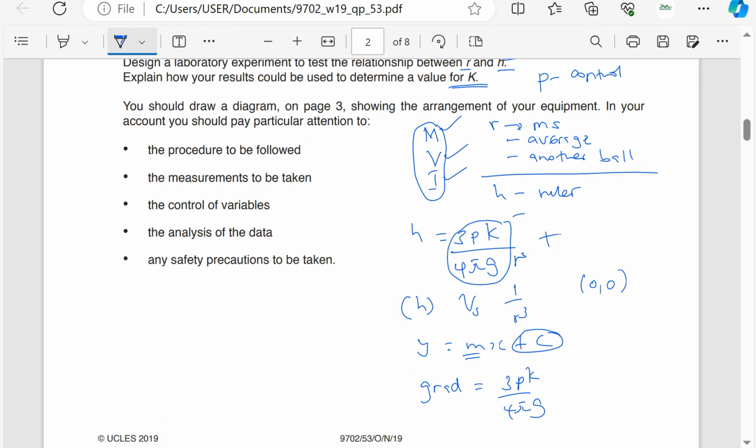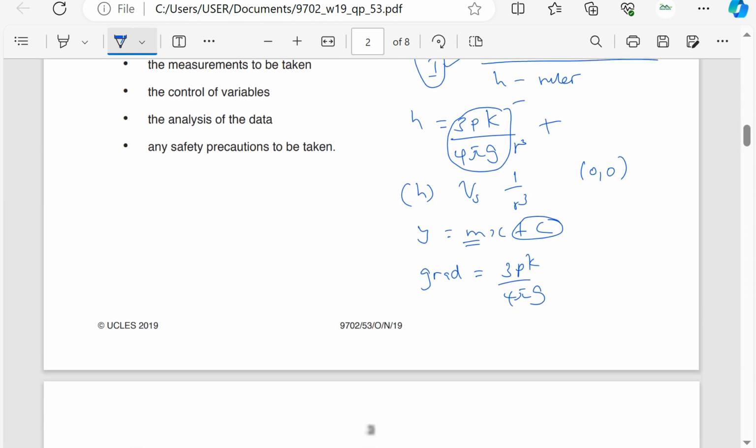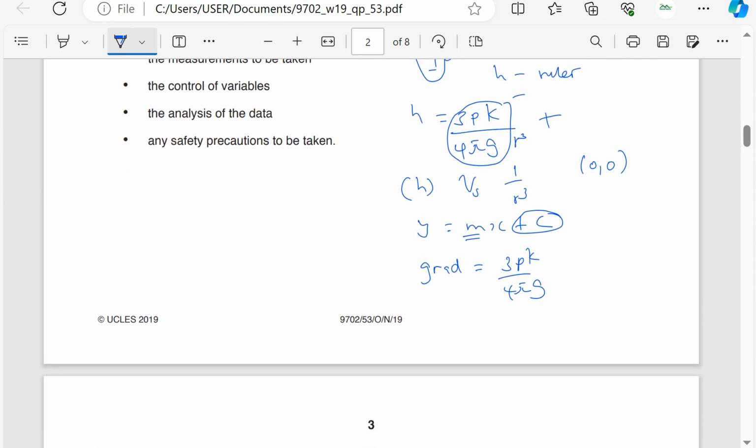So this student is now ready to plan this experiment, having drawn a skeleton of what they need to think about. Maybe for safety precautions, because we need to raise the ball to a measurable value of h, we may need a large stream of air, and that large stream of air may be dangerous to our eyes, so you may need to protect your eyes with goggles, eye protection, or you could use a wind screen.